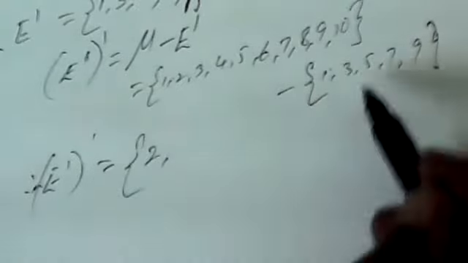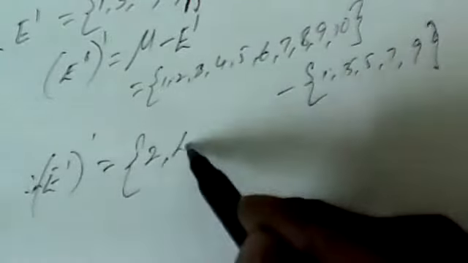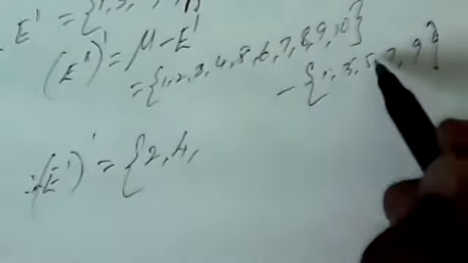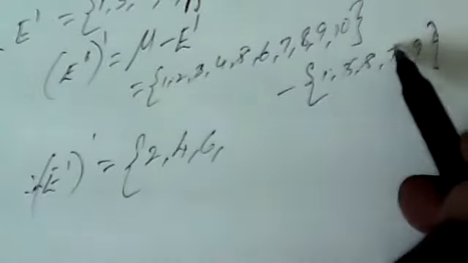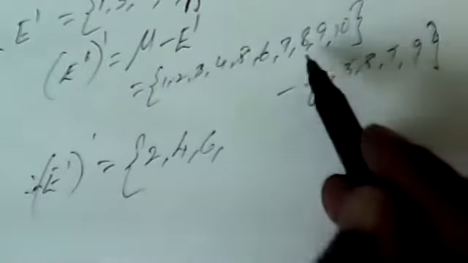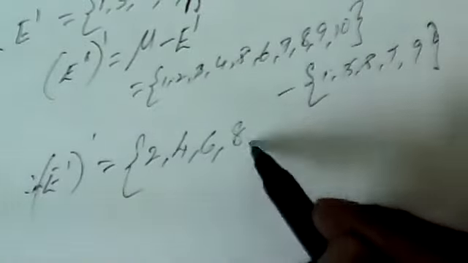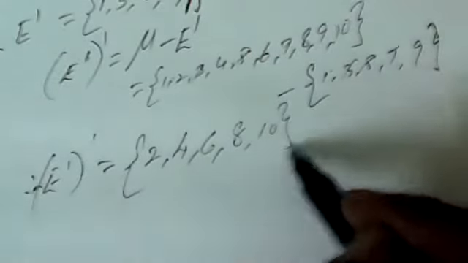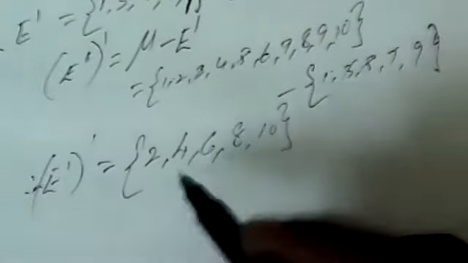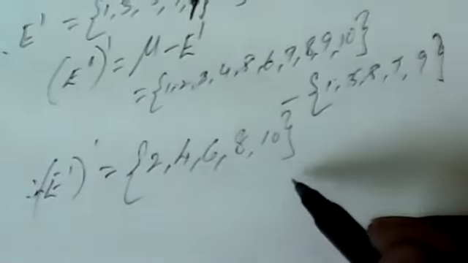Right. 3 is there. 4 not there. 5 there. 6 not there. 7 is there. 8 not there. We write now. 9 is there. 10 is not there. We write. Okay. So 2, 4, 6, 8, 10 we got.